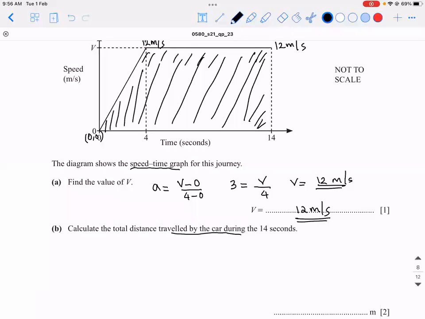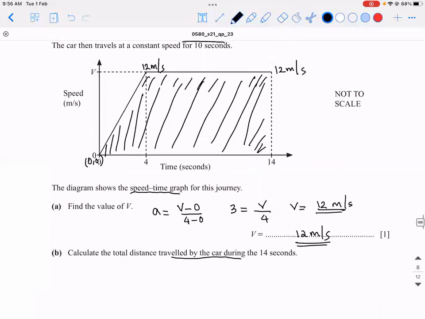It is also a trapezium. Correct. So one of the opposite sides of this trapezium is 14. And this side is 10, correct? Because 14 minus 4 is going to be 10.